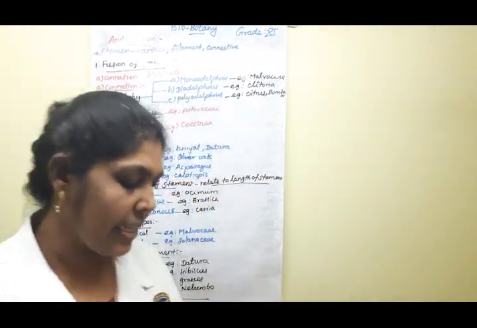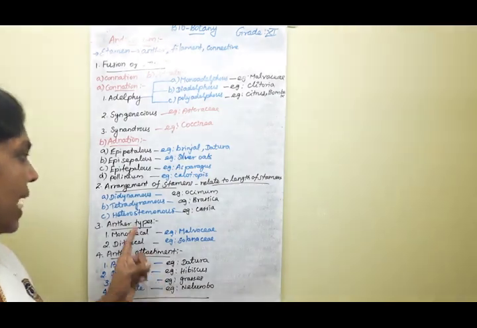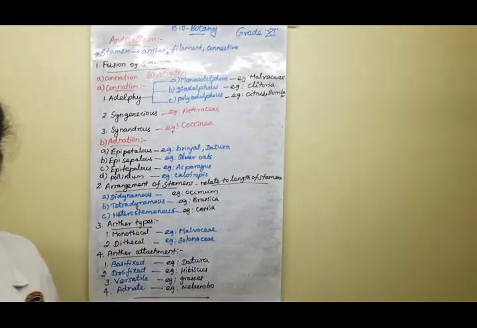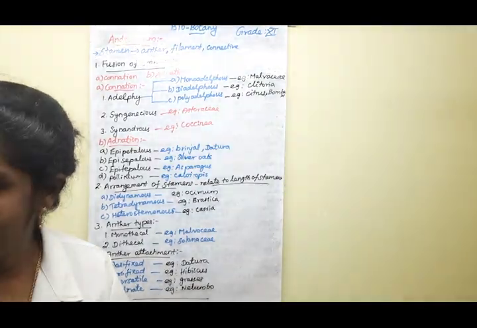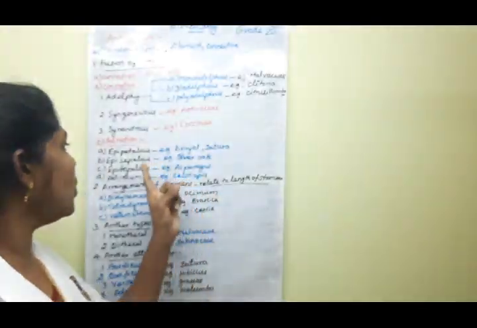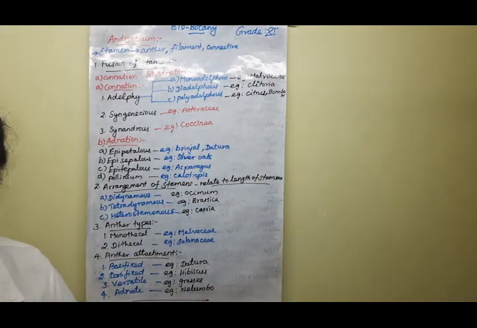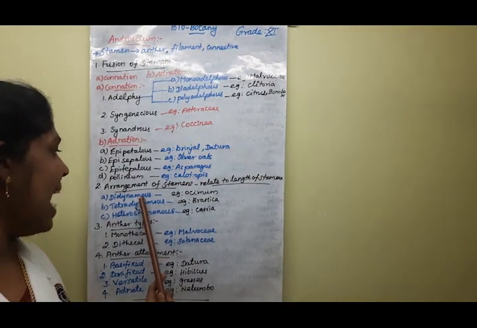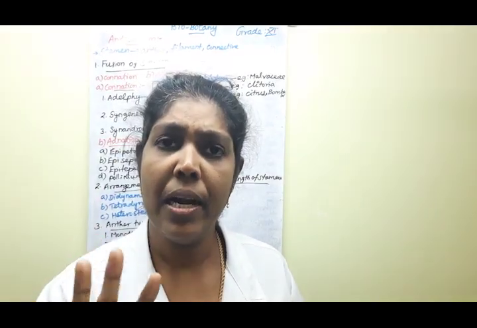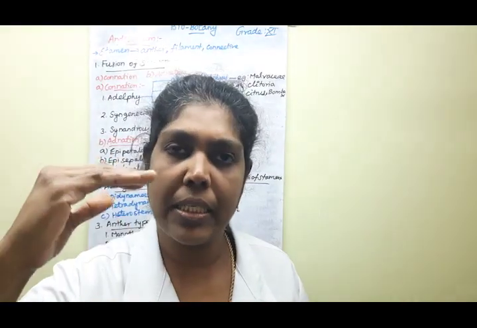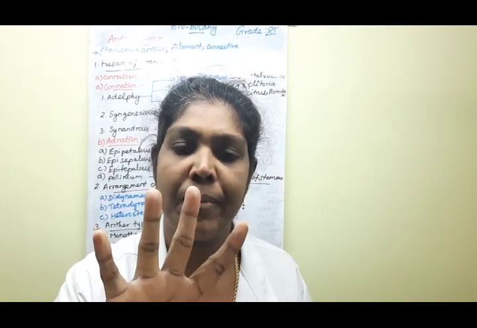Regarding that, all of you listen. Here they are representing the length of the stamens. First, didynamous. For example, imagine in your mind four stamens.